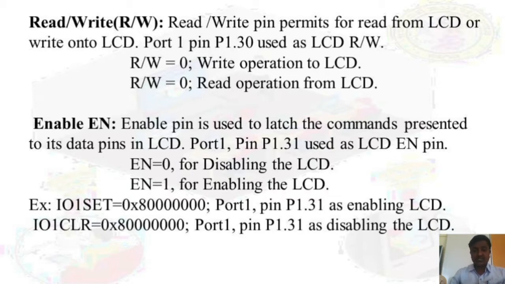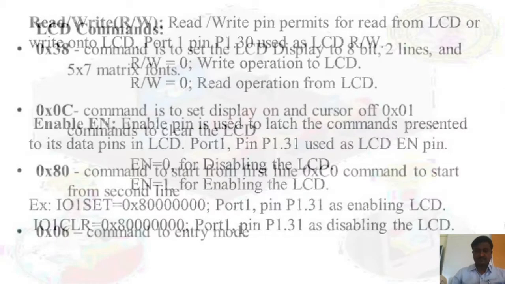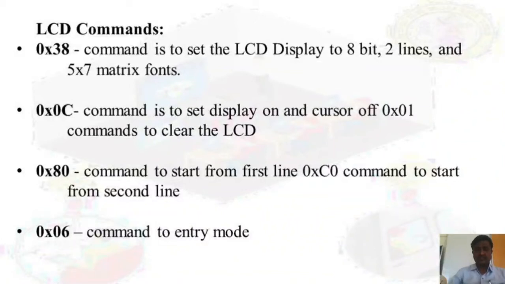In the example shown here, IO1SET 8 can be written as 1000 with all other pins set to 0, then port 1 pin P1.31 enables the LCD. And IO1CLR clears, that is disables, the LCD.